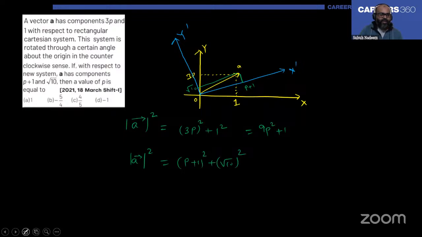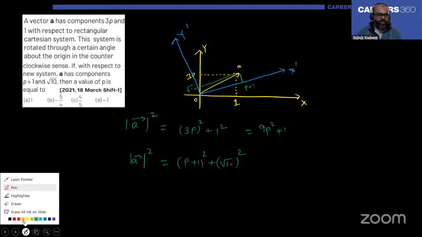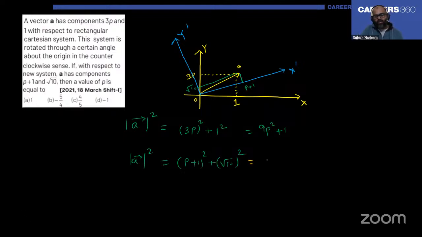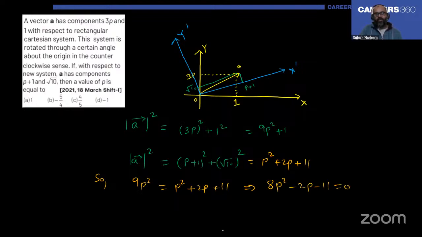So we get it like this. Now this will be equal to p square plus 2p plus 1 plus 10, which will be plus 11. So what we come to is that 9p square is equal to p square plus 2p plus 11. Both are mod A square, which means that 8p square minus 2p minus 11 is equal to 0.